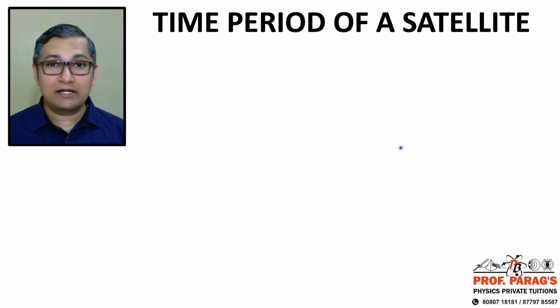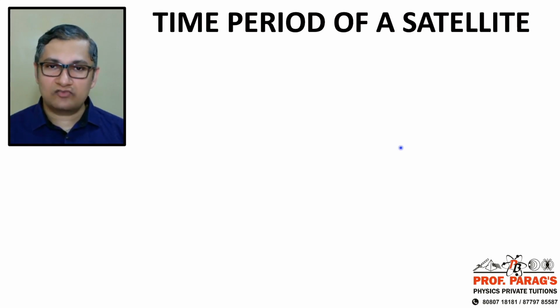So how did they get this number? If you check on Google, approximately 92 minutes is the time period of the ISS, the International Space Station orbiting Earth. That's roughly around 1.5 hours. So that's how they got this time.